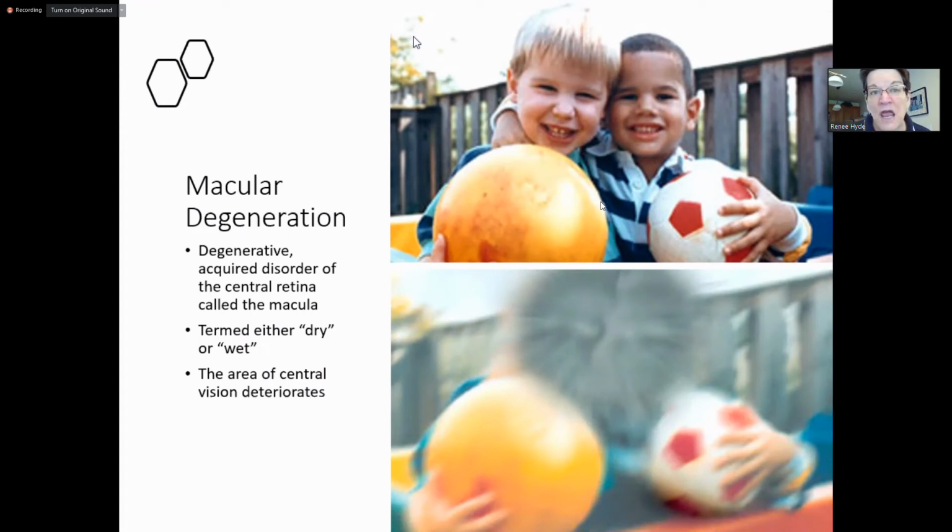So that whenever you are talking about their vision loss, you can see the two little boys' faces here. Someone with AMD has the loss of that center of their vision, and they would not be able to see the faces until either they turned their head or the little boys moved.